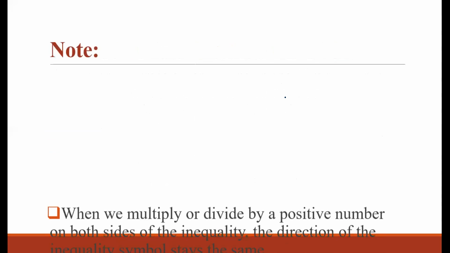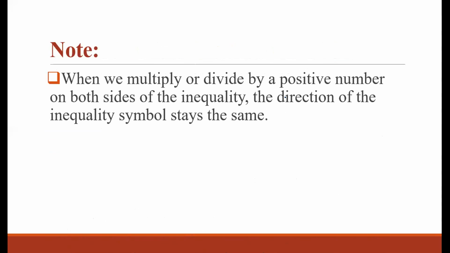And there is a note here. Can I get one person to read through this note? When you multiply or divide by a positive number on both sides of the inequality, the direction of the inequality symbol stays the same.